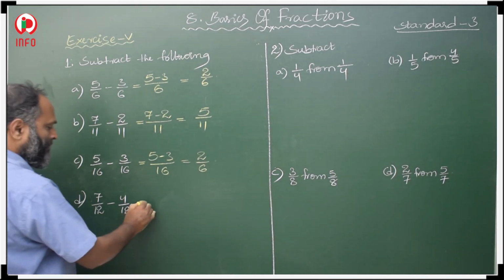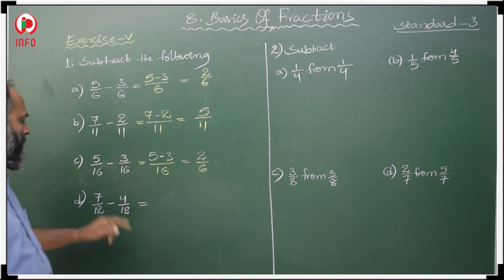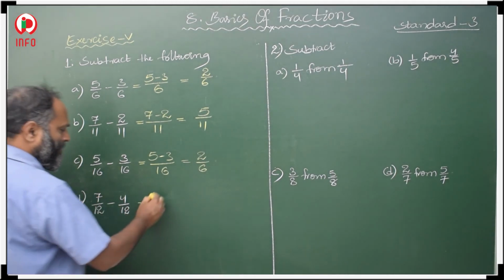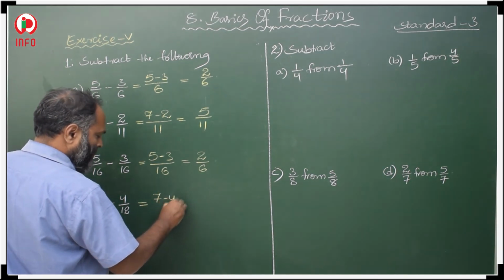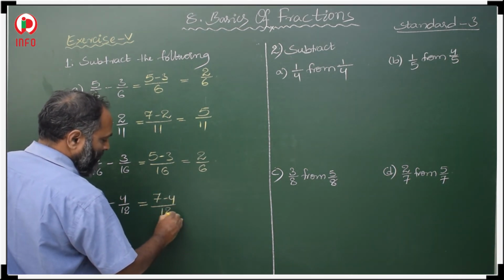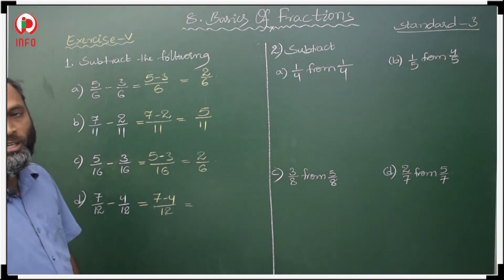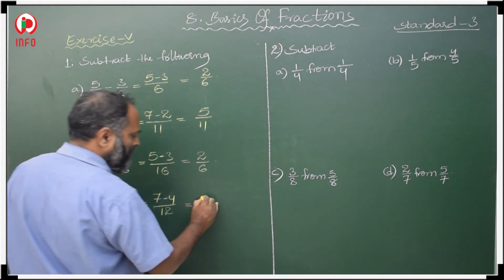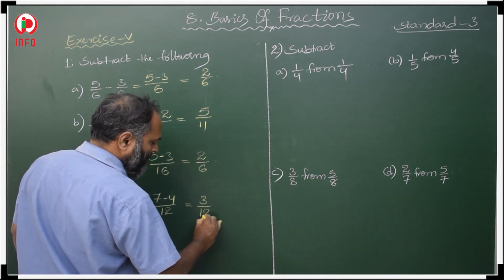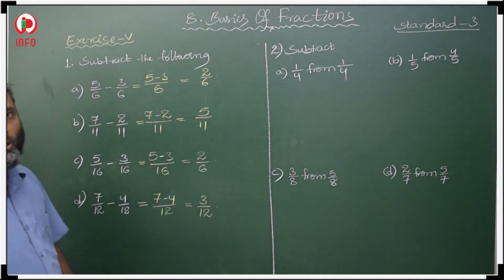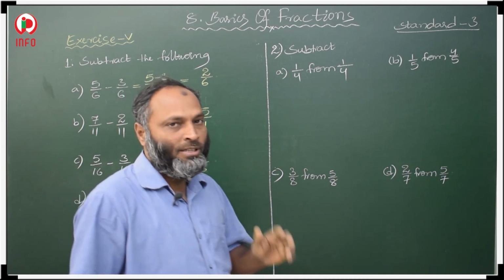The next one, the difference of the numerators 7 minus 4 by the common denominator 12. 7 minus 4 is 3, so 3 by 12.